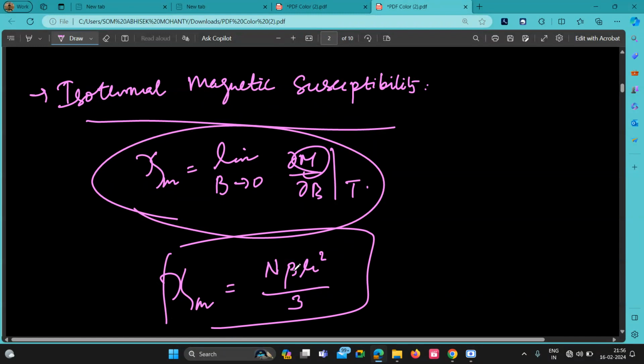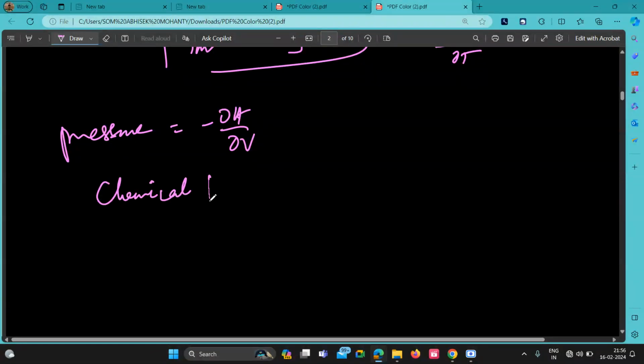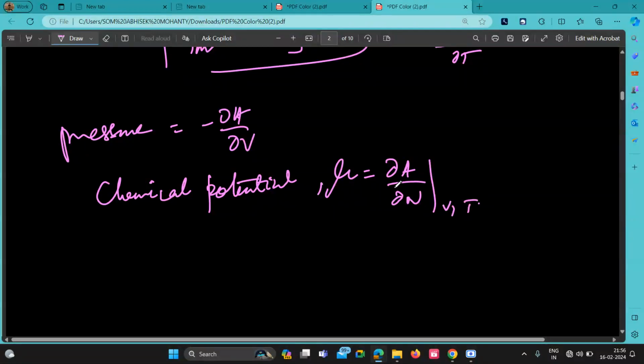Same things again. Entropy, you can calculate as minus del A by del T. Pressure, minus del A by del V, and chemical potential mu is equal to del A by del N. This way you can calculate all these things.